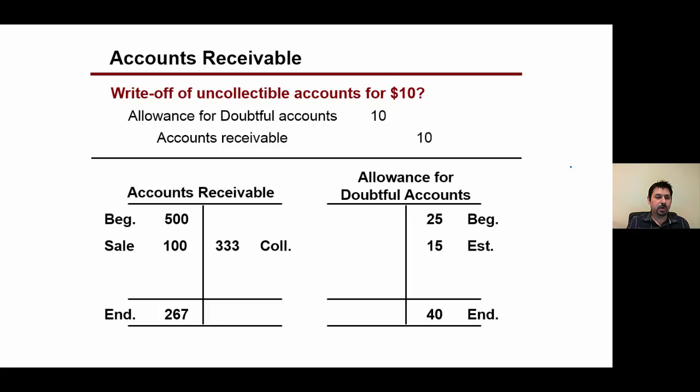If the company writes off uncollectible accounts for $10, remember, whenever the company writes off an account, they will debit allowance for doubtful accounts and credit accounts receivable.